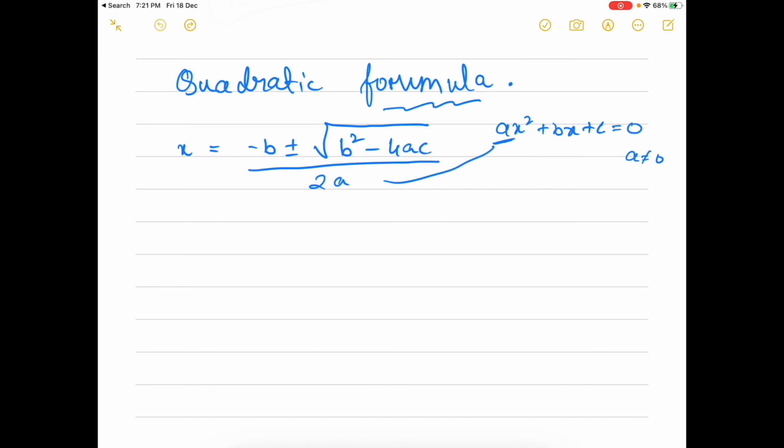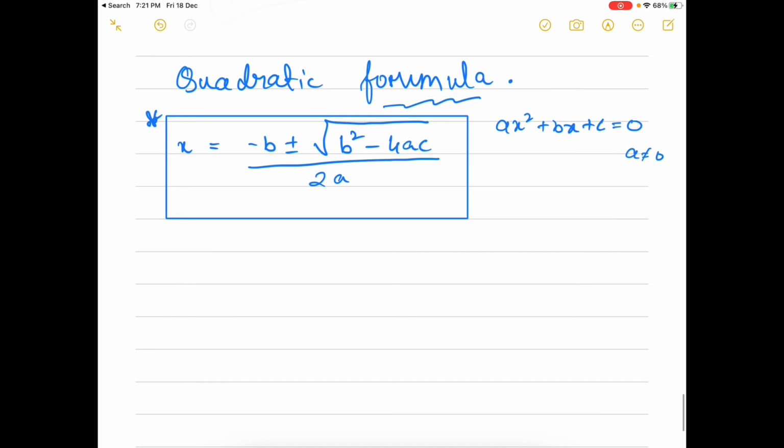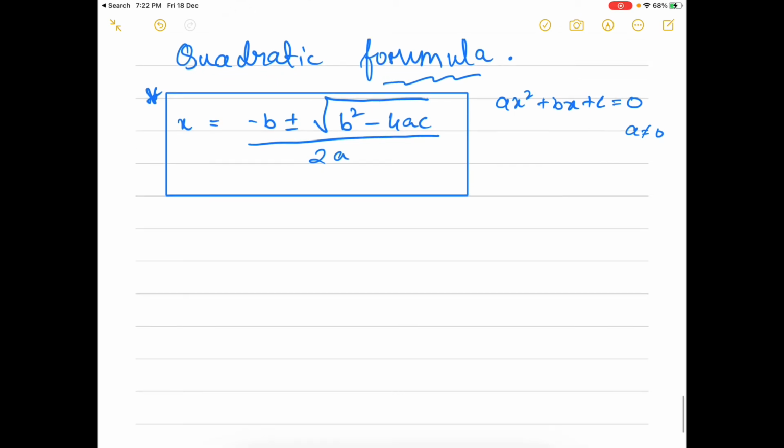That's basically the substitution of values in this quadratic formula. Okay, so this is the quadratic formula, and this at times is much easier to solve problems. So now that we have learned this quadratic formula, let's put it in an example.